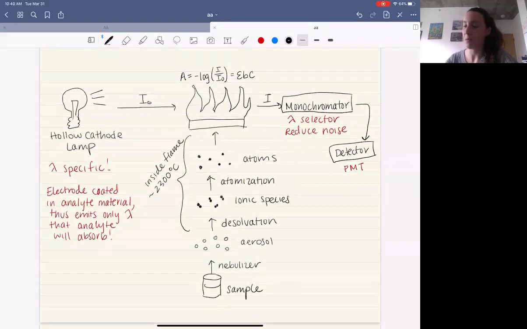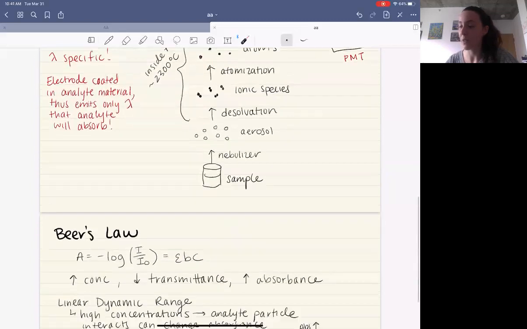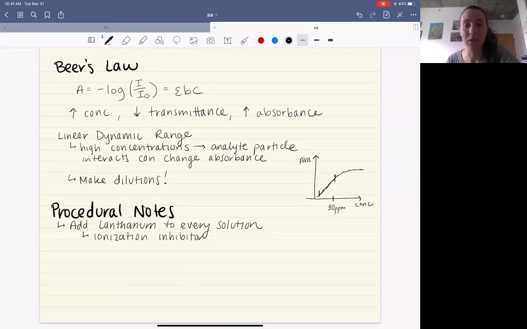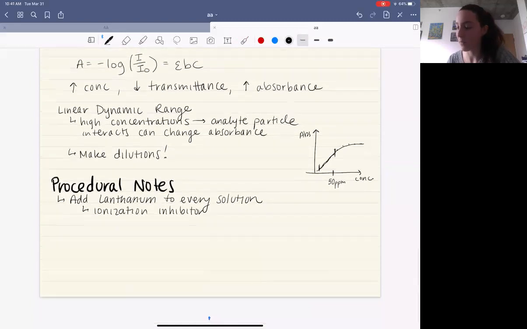We're putting our sample through this flame in the atomized form, but it is so hot that it could actually go back and re-ionize our atoms, and we don't want that to happen. We want all of our solution to be in atomic form because that's what absorbs that specific wavelength. So we add this lanthanum, which is an ionization inhibitor. It's going to help keep our solution in atomized form.